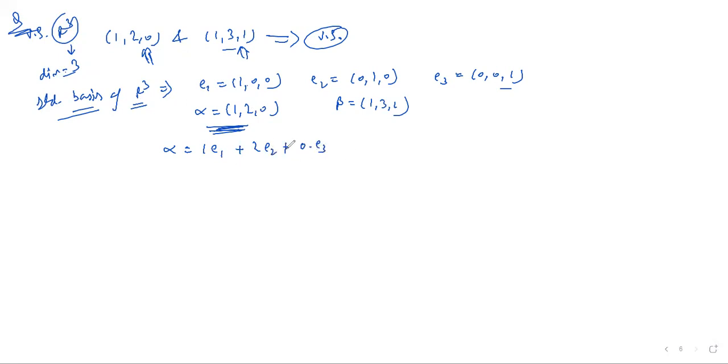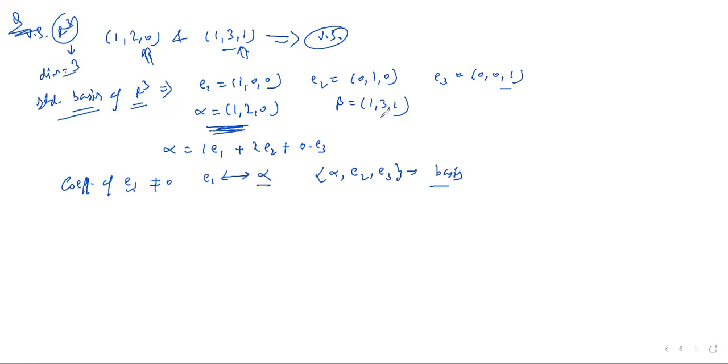From this we can see that the coefficient of E1 is not equal to 0. So E1 can be replaced by alpha. Our new basis is alpha, E2, E3.